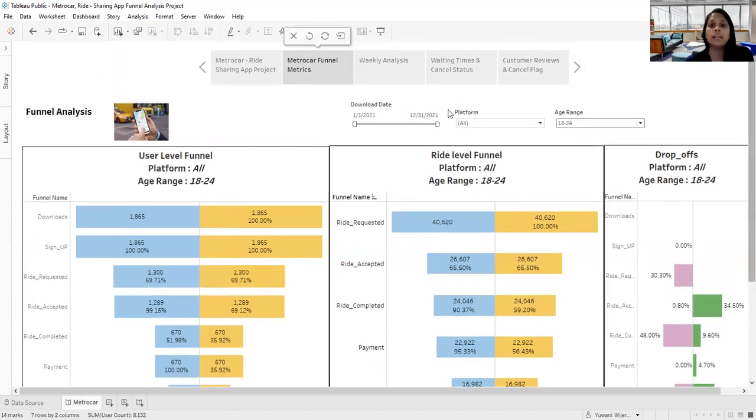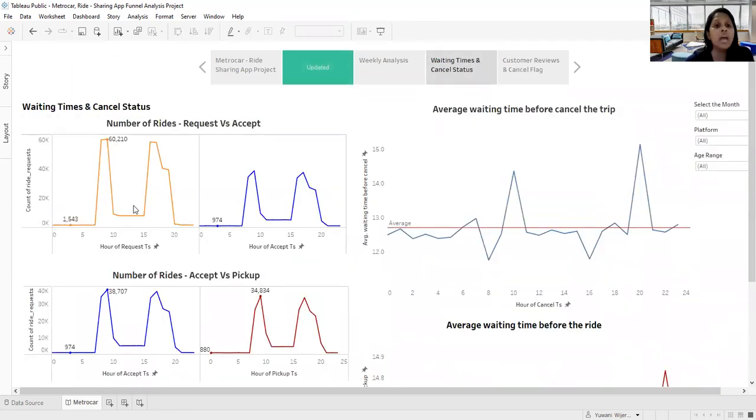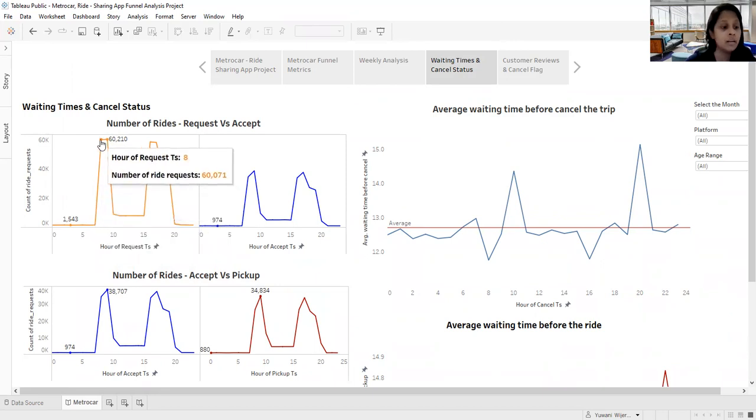To analyze that, as you can see here, the number of ride requests is very high from 8 a.m. to 9 a.m., the morning peak hour. The next highest hours were 4 p.m. to 5 p.m. So these are the peak hours in the day.